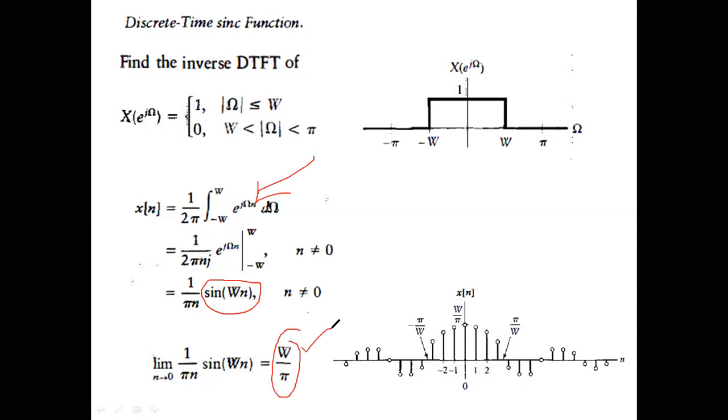So at 0, this is W by pi only. Afterwards, the sine wave kept on oscillating, but there was a denominator.